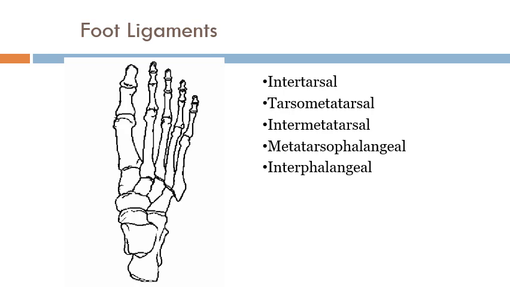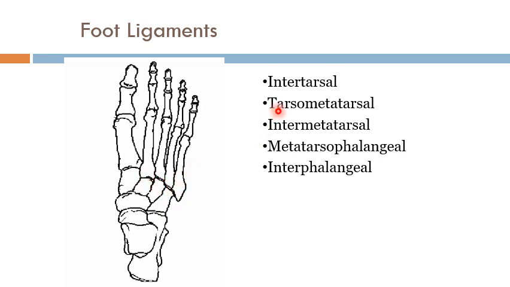Okay, generally when we're looking at the ankle ligaments or the foot ligaments, they're basically supporting all of these different joints. So when we're getting down to the foot, we have the intertarsal region, and all the intertarsal ligaments will be supporting that part of the foot. You have the tarsometatarsal ligaments.